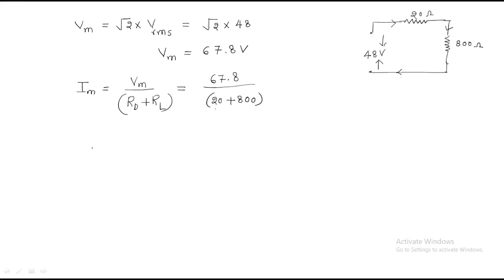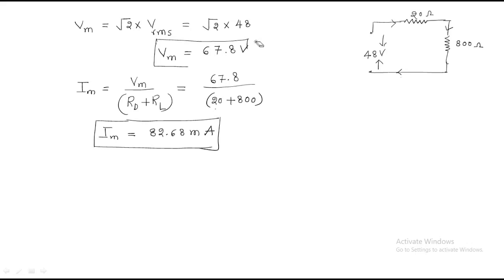By doing this we get the maximum current Im equal to 82.68 milliamps.